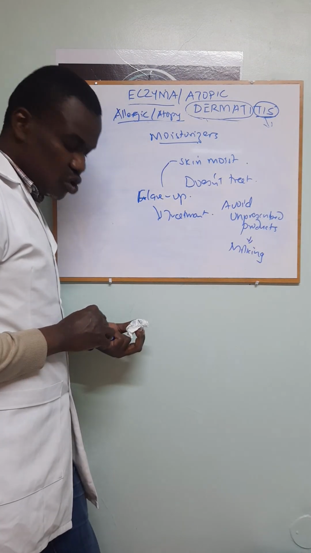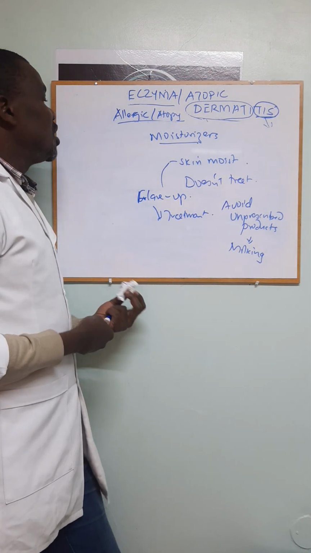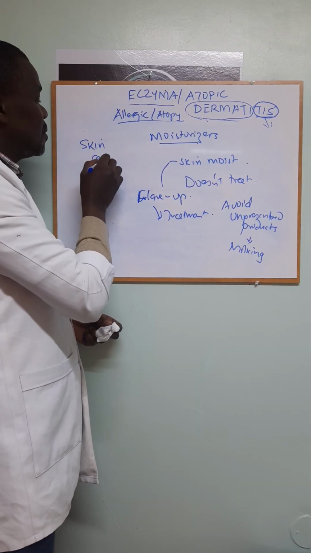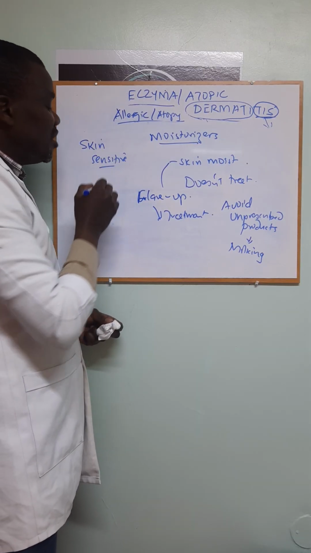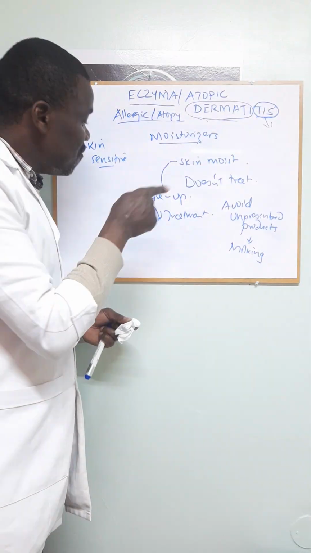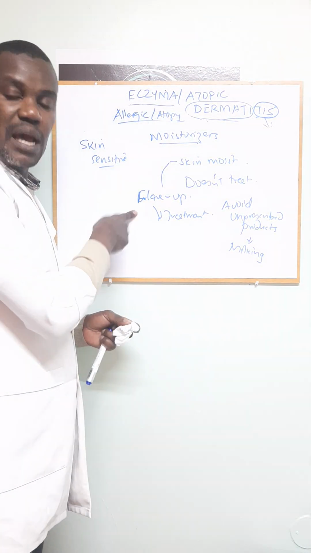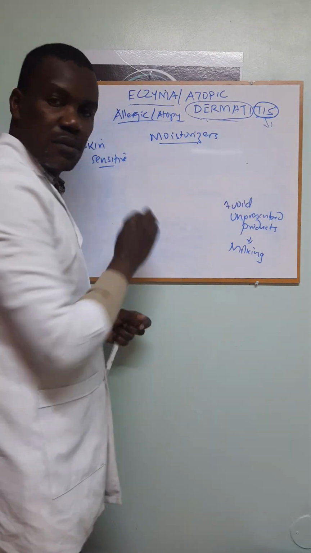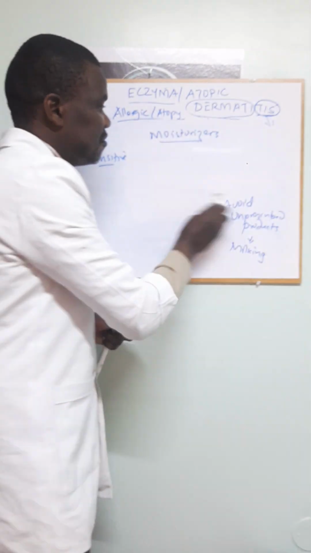Please don't use them. Because we are talking about a skin that is sensitive. So you might use a product on the skin and it actually flares up the eczema and damages the skin further. Have we understood? Yes, we have.